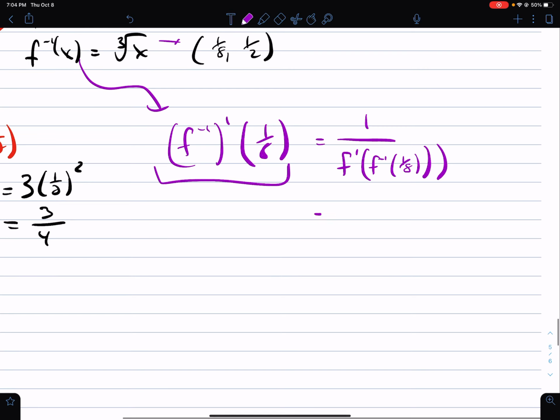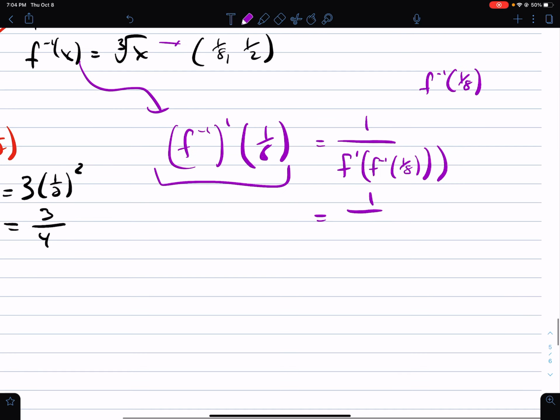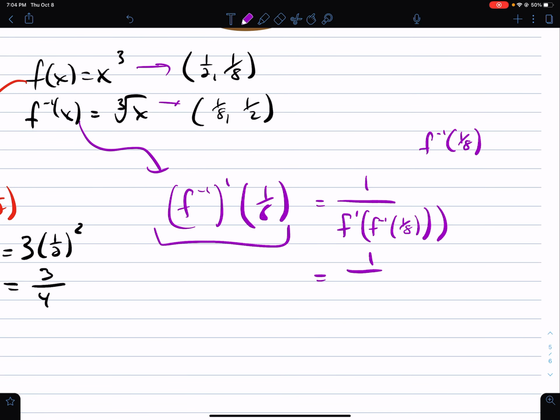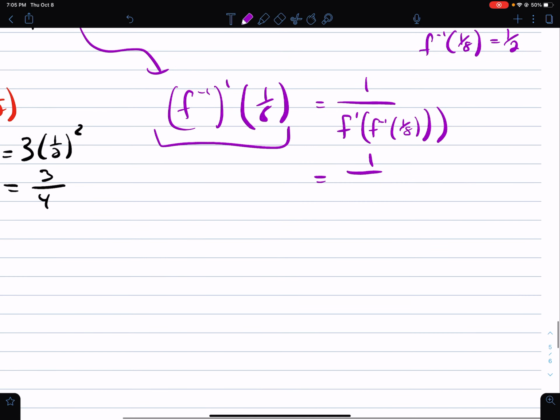So when we think about this moving forward, what is the inverse of 1/8? In other words, what did I put into the original function to get out 1/8? Well, I must have put in 1/2.